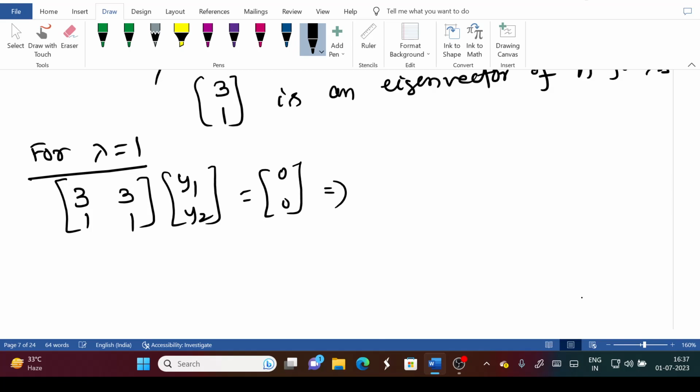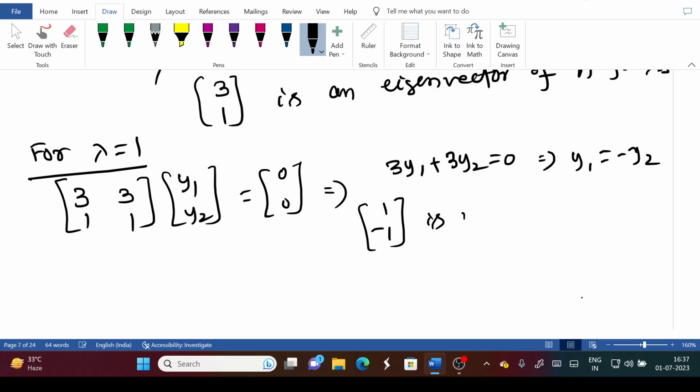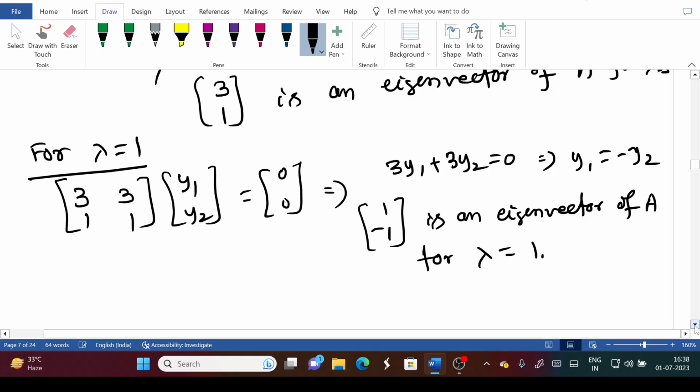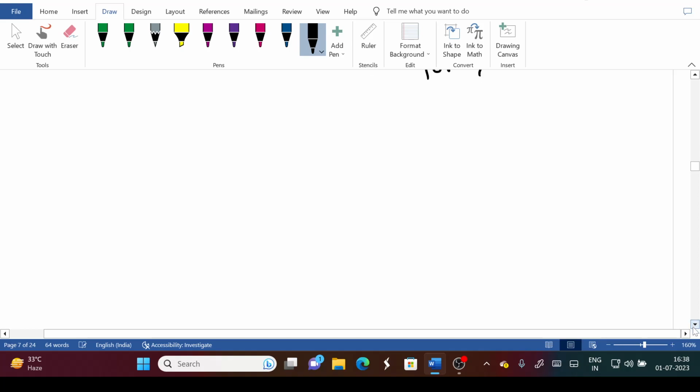That implies the relation is 3y1 plus 3y2 is equal to 0, or y1 is equal to minus y2, so (1, -1) is an eigenvector of A for lambda is equal to 1. We got the eigenvalues and eigenvectors. That means we can write the factorization and we can find out A to the power n.